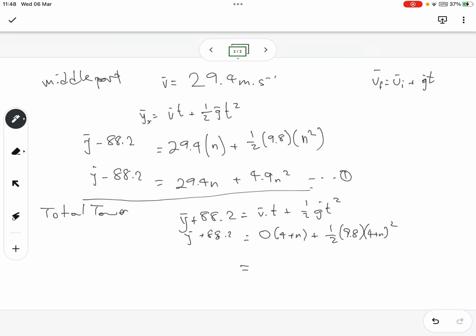Then, okay, that's 0. So it becomes 4.9 n squared plus 9.8 n... that'd be 4.9 times 4 times 2 is 9.8 times 4n. What's 9.8 times 4?